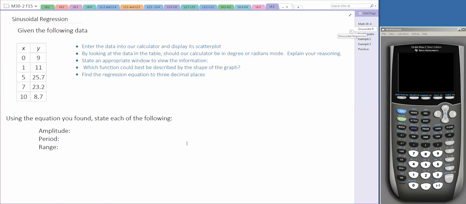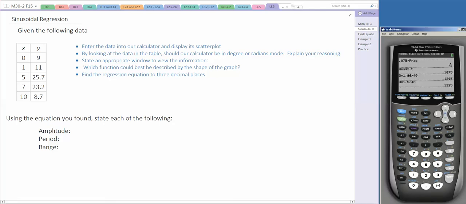Here we're going to practice doing a sinusoidal regression. So we've got the following data. The first thing we do is always enter the data into our scatter plot or into the stats. So we turn the calculator on. I'm just going to clear this, go in stat, and then edit. And we put our x data in list 1.